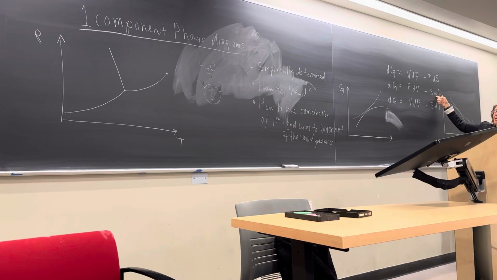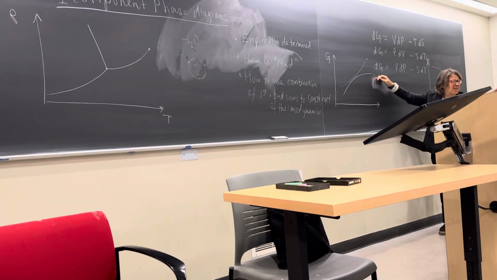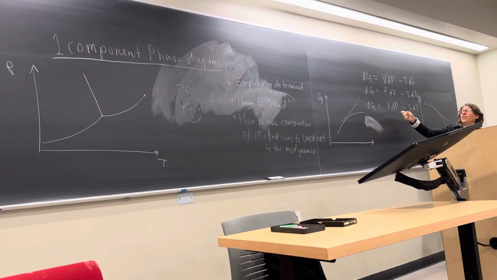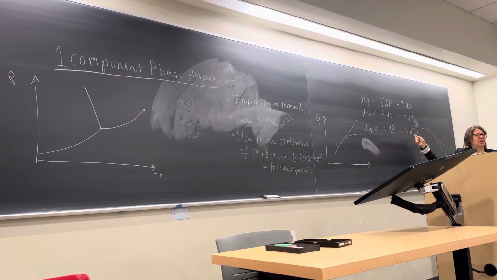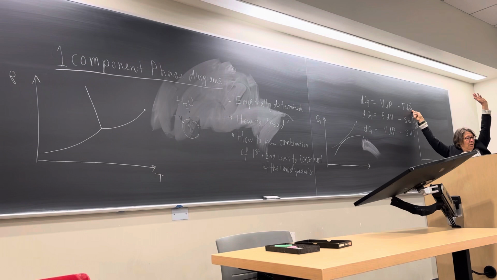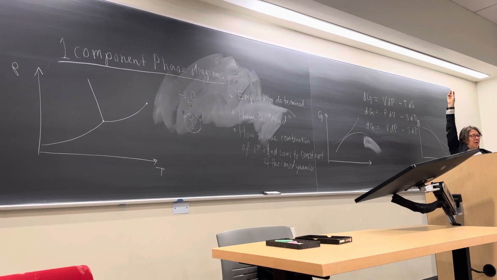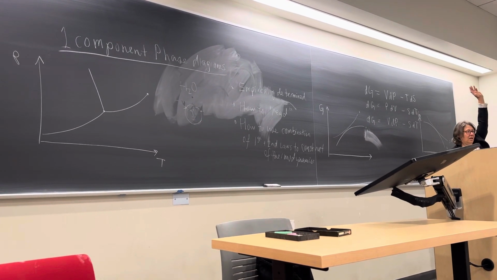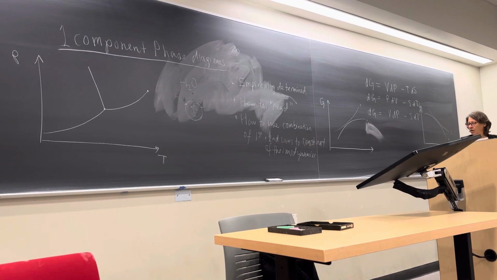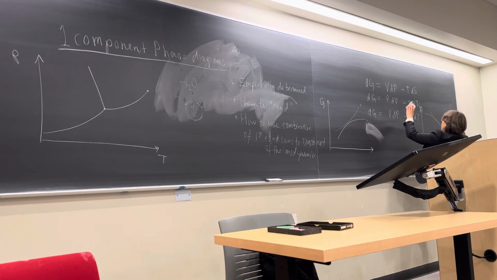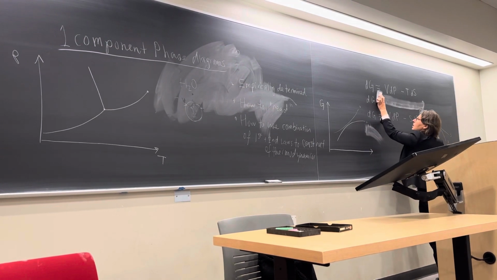Or is it C? The change in Gibbs free energy is volume times the change in pressure minus entropy times the change in temperature? Who says it's A? Who says it's B? Who says it's C? Who's still not sure and working through it? Okay, good. It is indeed C.